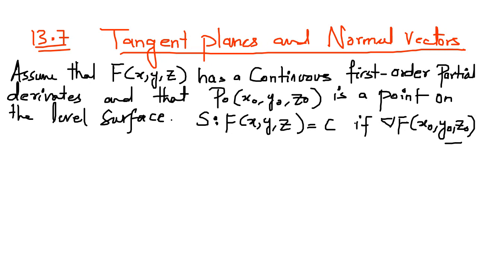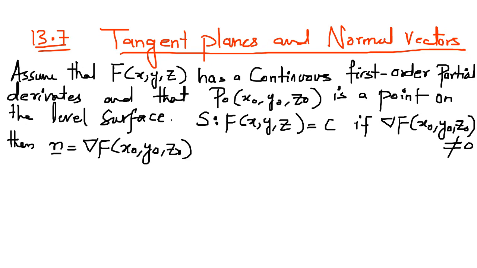If the gradient of that function at the point is not equal to 0, then we can say that n, equal to the gradient of the function at x naught, y naught, and z naught, is a normal vector. Okay, so for any function's gradient, if you substitute the point and it is not equal to 0, that will be the normal vector to S at P naught.